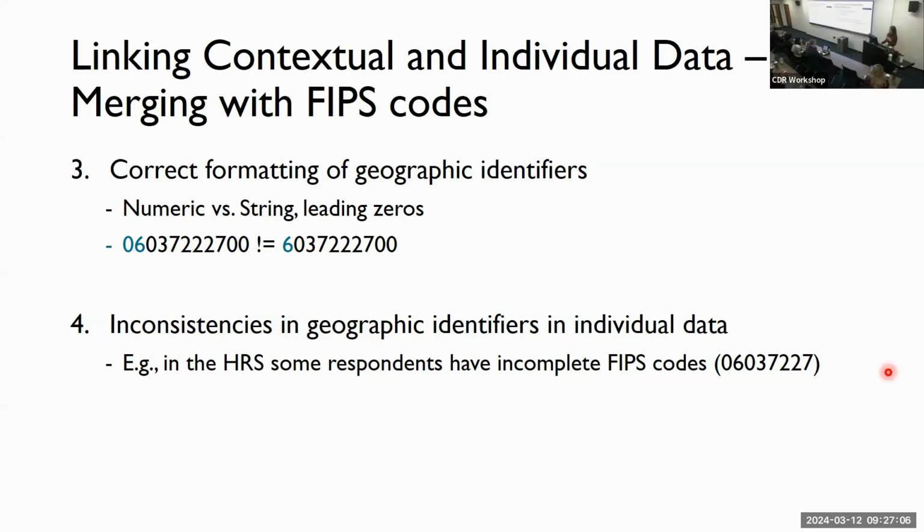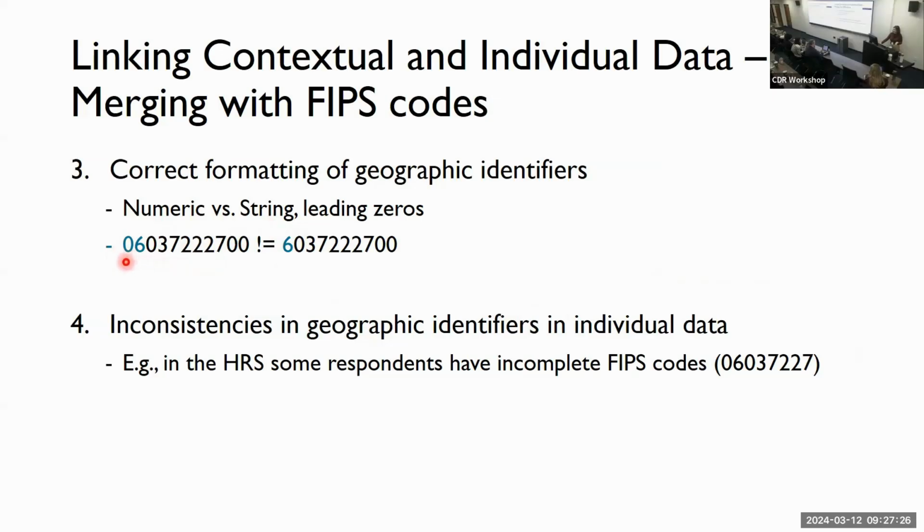In your Stata program or your R program, you're storing your data values as typically either a numeric type or a string type. If you're in a string format, you're in a text format, and you're going to have that full 11-digit identifier of the census tract.